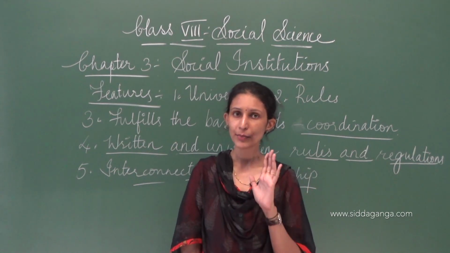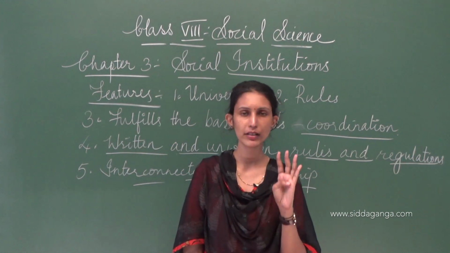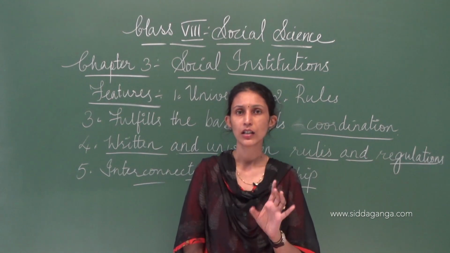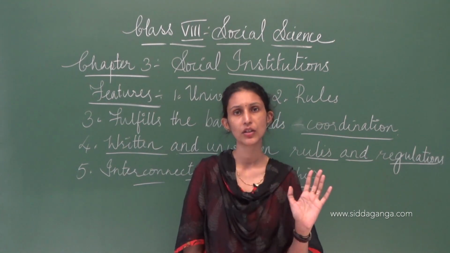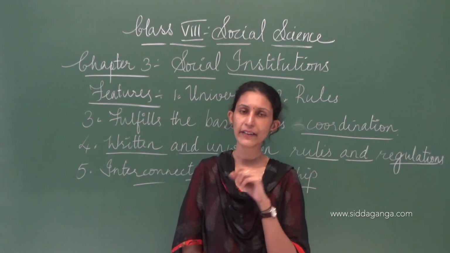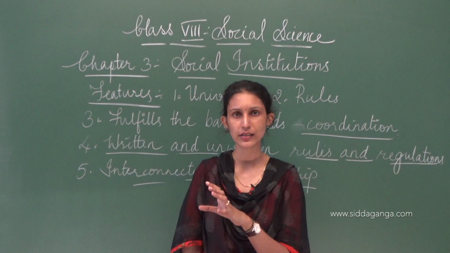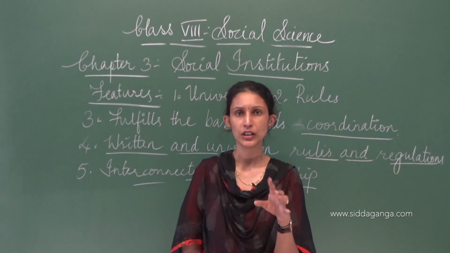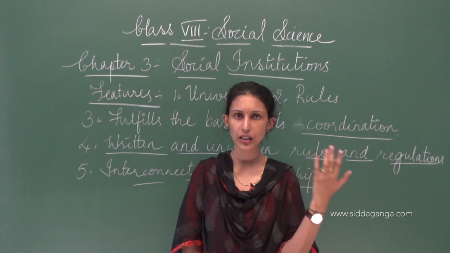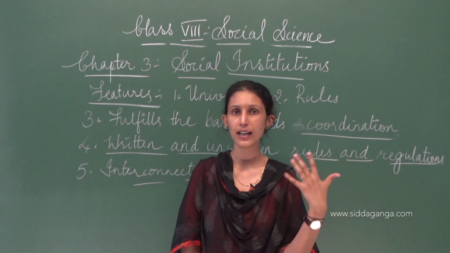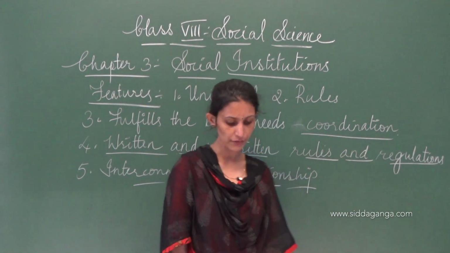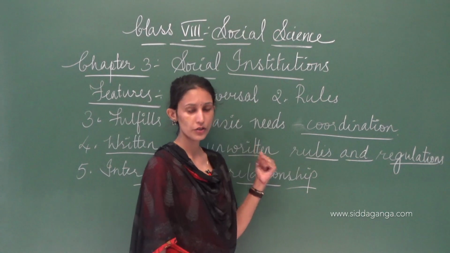A person is a person, whatever their religion, gender, caste, color or creed. Never discriminate anybody. Everybody is your friend. That's it. When you're accepting, you enjoy more, you learn more, you interact more. That's how you learn communication, that's how you learn your behavior, and that's how your personality grows. All right? So these are the features of social institutions.